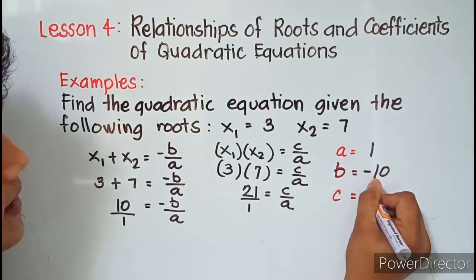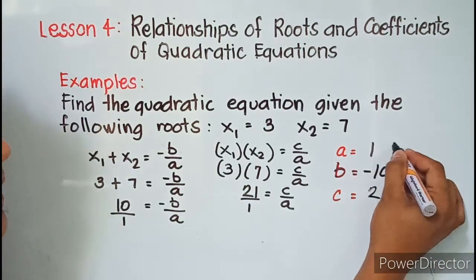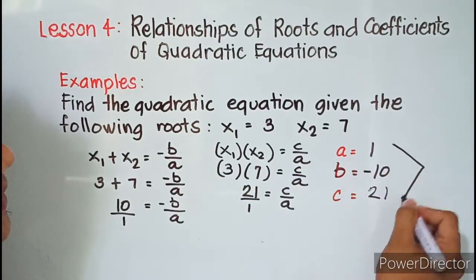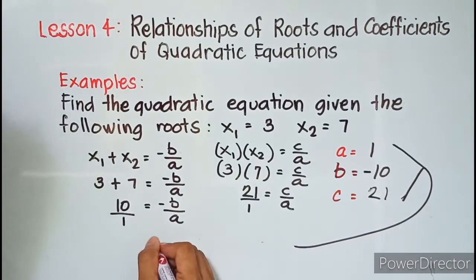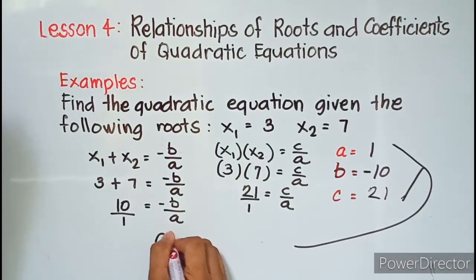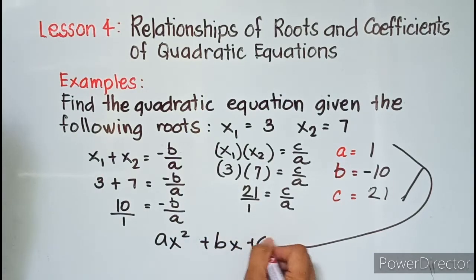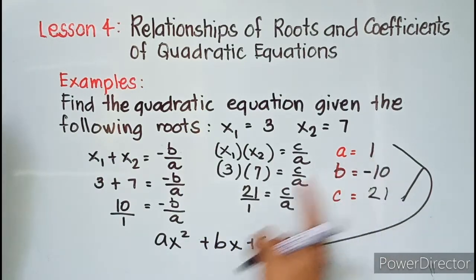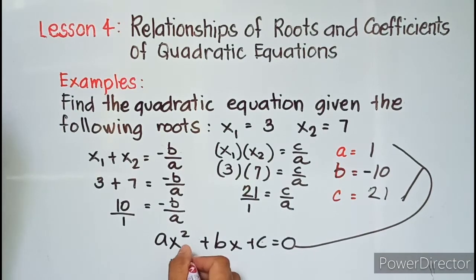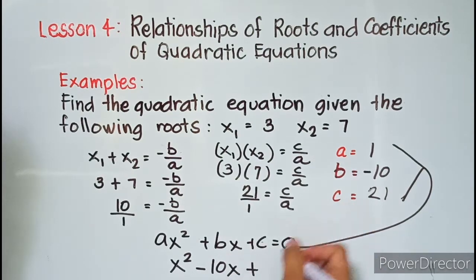Then, rewriting this in our standard form, AX squared plus BX plus C is equal to 0, we will have X squared minus 10X plus 21 is equal to 0. And this is our quadratic equation.